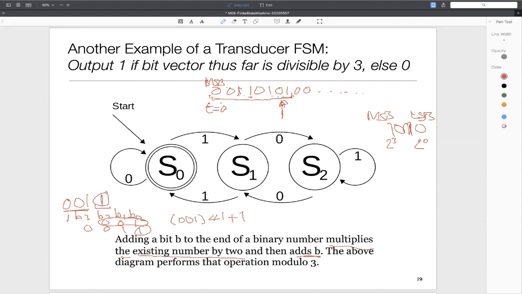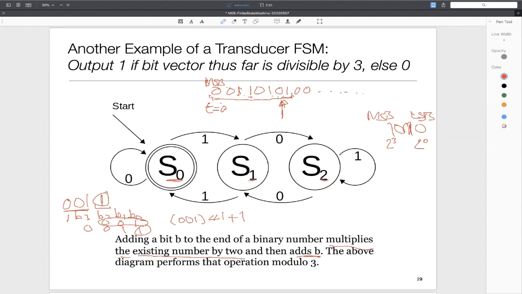So let's say states S0, S1, and S2 correspond to the numbers formed by the bits received thus far having a remainder modulo 3 of 0, 1, or 2.